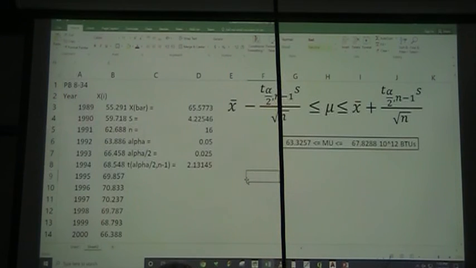We've got to sort through the data, establish what our formula is, in this case for a two-sided confidence interval, plug the numbers, and Bob's your uncle, we're there.